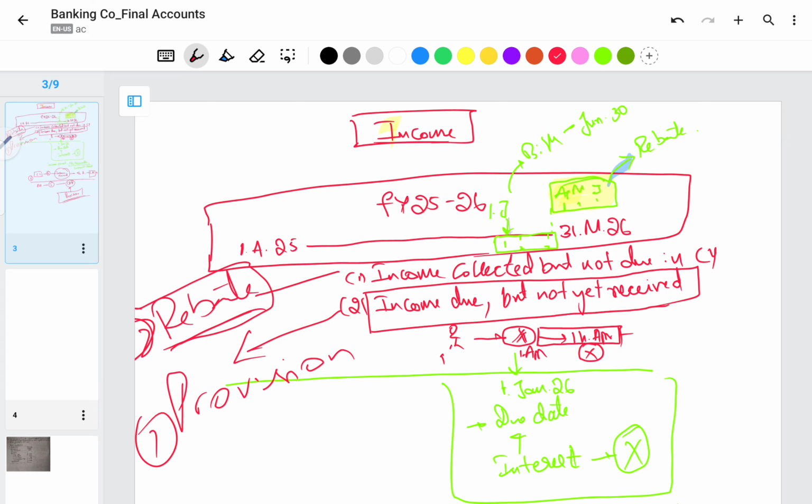Let's say next month, 24th May, he has not made the payment. Assuming after 3 months also he has not paid, let's assume even after 1 year he has not paid, then how to consider? This is what we are going to discuss now.